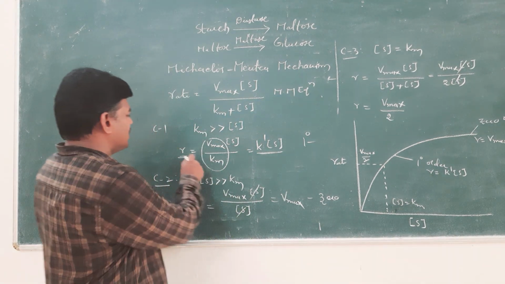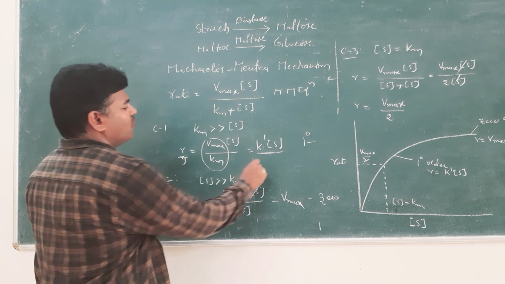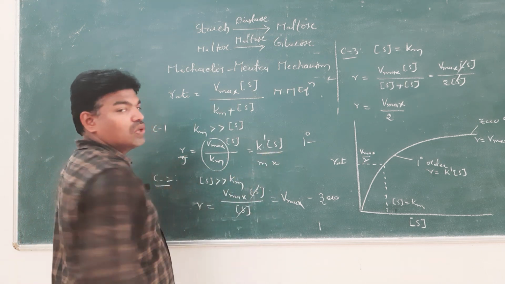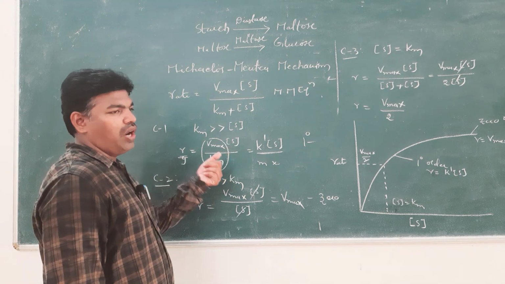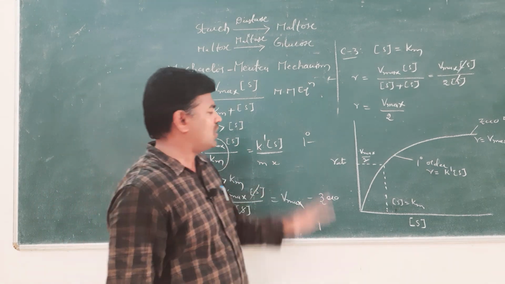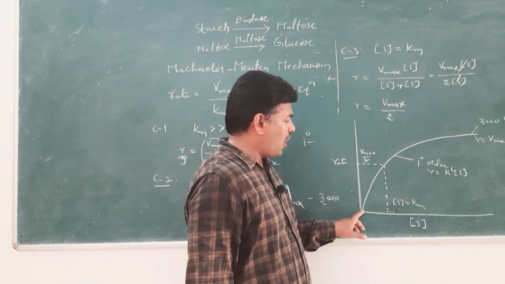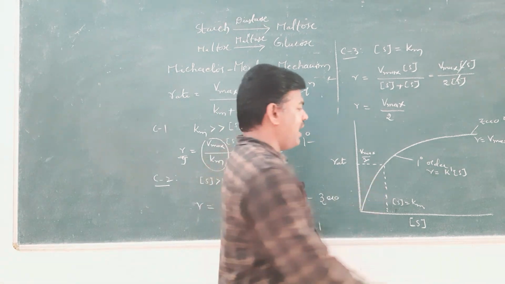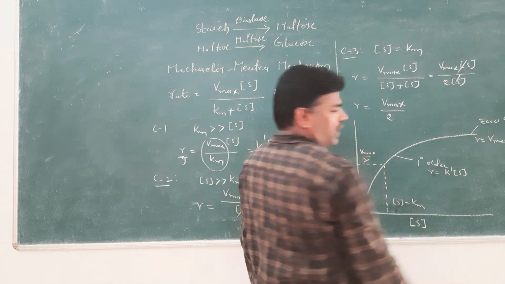You can imagine that y is equal to mx, so when we plot y against x, that is rate against substrate concentration, a straight line passes through the origin. It follows first order and then zero order.